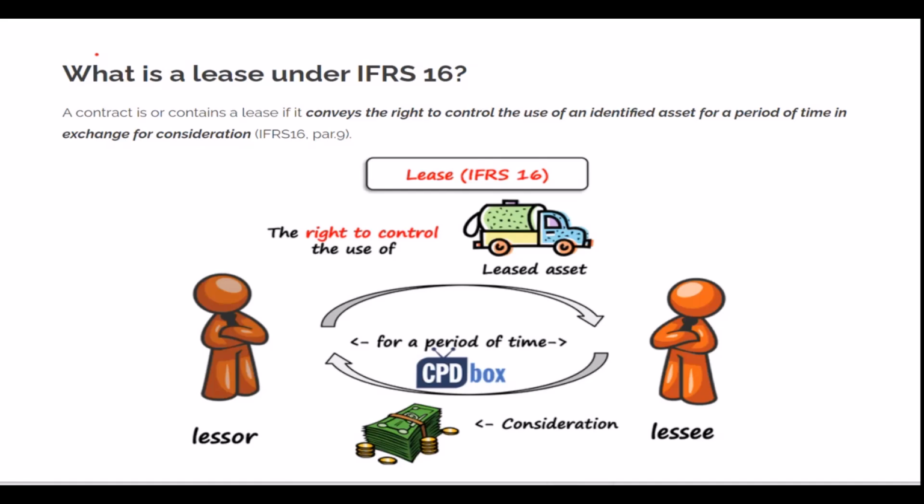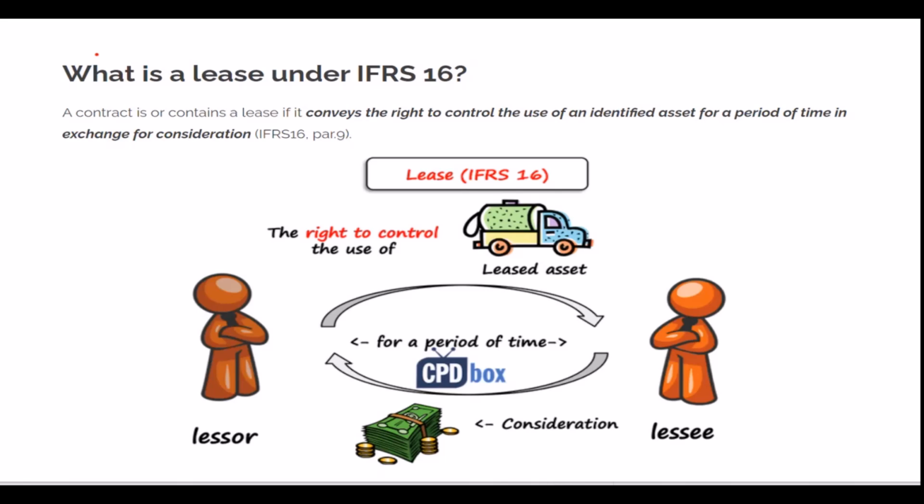But the new standard says that if there is a contract and the contract conveys the right to control the use of an identified asset for a period of time in exchange for consideration, then that contract contains a lease, and therefore it must be recognized on the balance sheet. Whether you like it or not, you must put it on your balance sheet. So that is what IFRS 16 is all about.